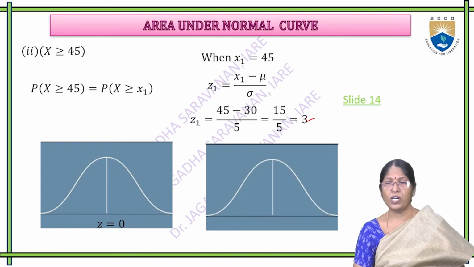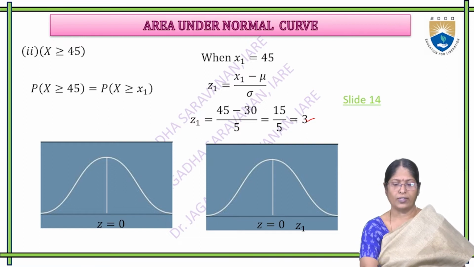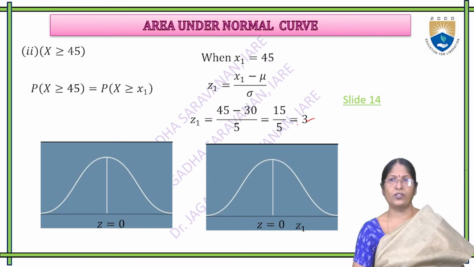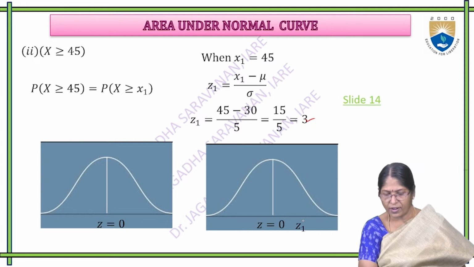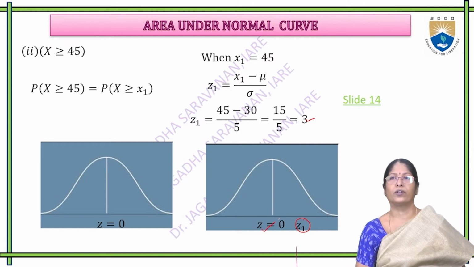So the conversion part is completed. z equal to 0, z1 is 3, and that is positive. If it is positive, we know very well it is placed on the right side of the point z equal to 0. That is the reason z1 is placed to the right side of this point. The vertical line is drawn.